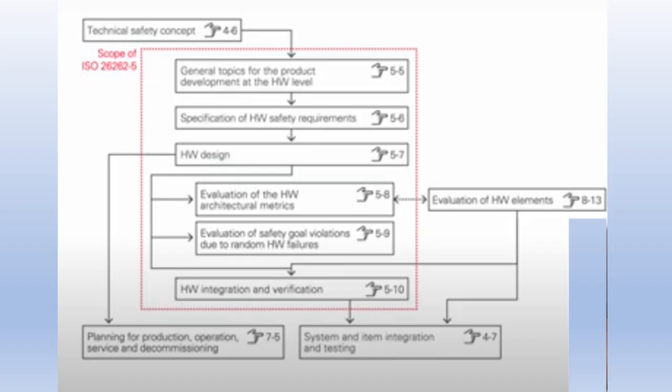In this ISO 26262, there are basically 6 lessons or 6 particular aspects which need to be clearly outlined and specified. First, the safety requirements must be aligned.